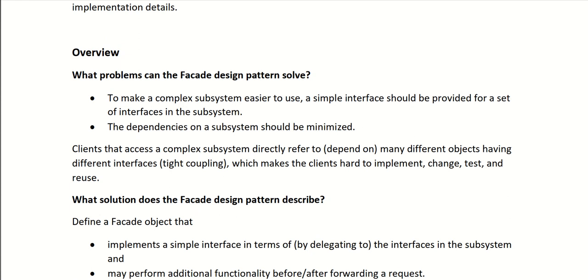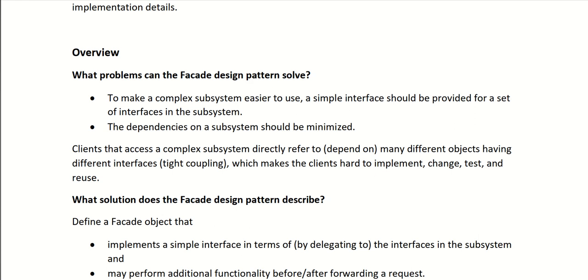Okay, to make a complex subsystem easier to use, a simple interface should be provided for a set of interfaces in the subsystem. The dependencies on a subsystem should be minimized. Clients that access a complex subsystem directly refer to or depend on many different objects having different interfaces, which makes the clients hard to implement, change, test, and reuse.